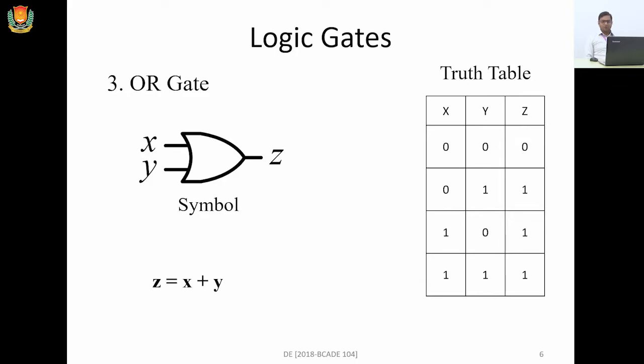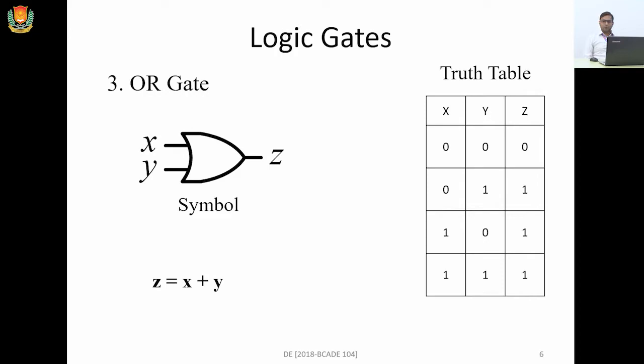For the first row, if X is 0 and Y is 0, then Z is 0, because it is just an addition of X and Y. That's why the Boolean expression is Z equals X plus Y. In row 1, 0 plus 0 is 0, and in row 2, 0 plus 1 is 1 in decimal. In the third row, 1 plus 0 is again 1. In the fourth row, 1 plus 1 is 1.